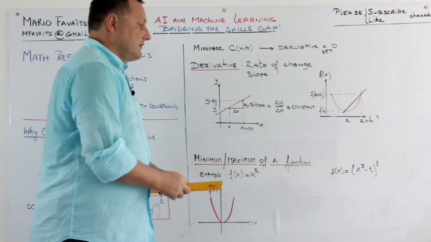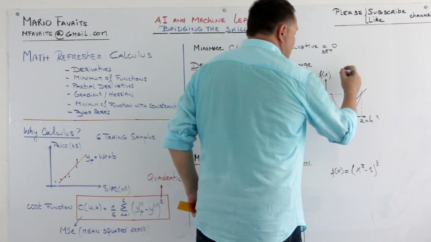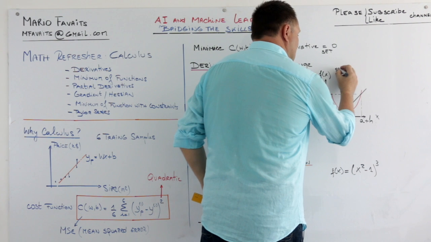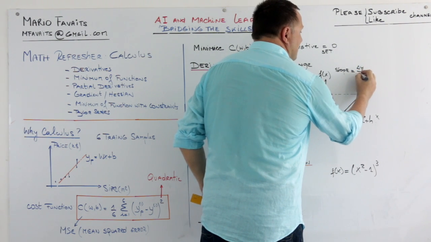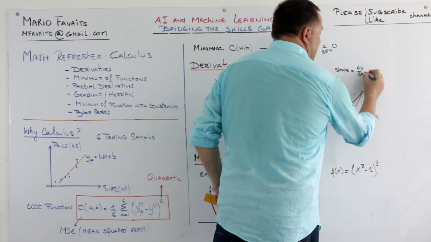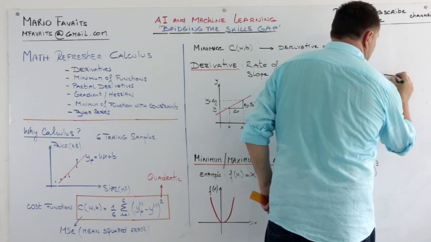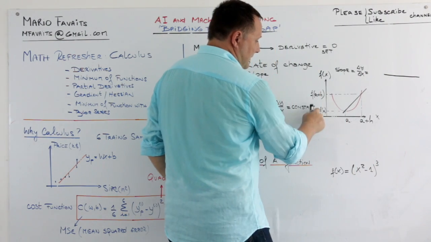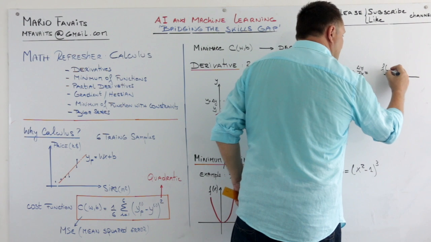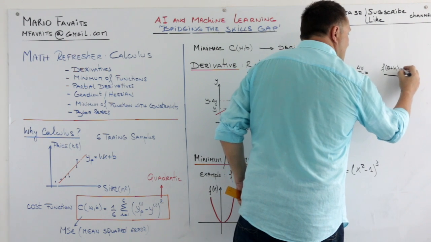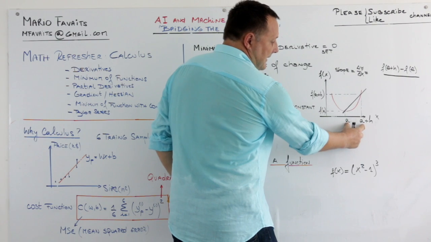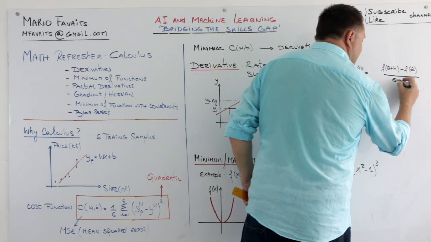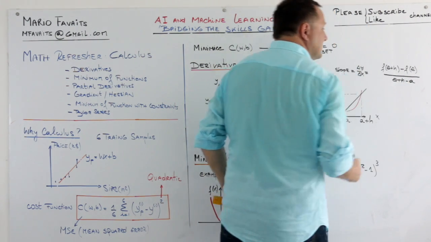So basically we could write that the slope is still delta y divided by delta x, and in this case delta y is f of a plus h minus f of a, divided by delta x, that's a plus h minus a.